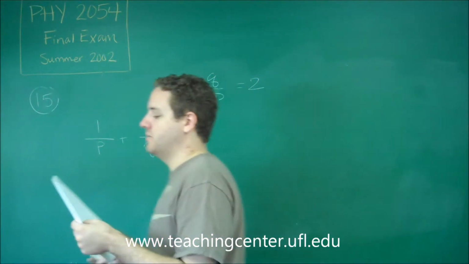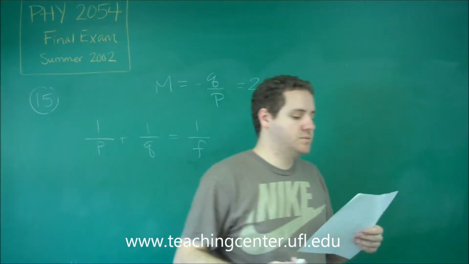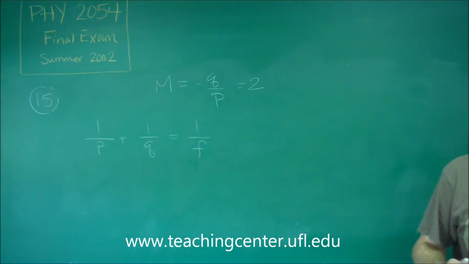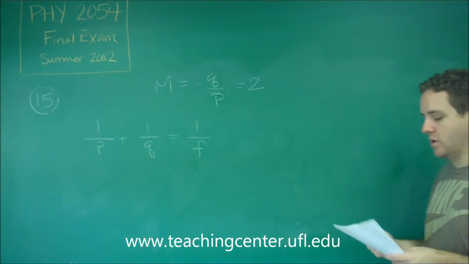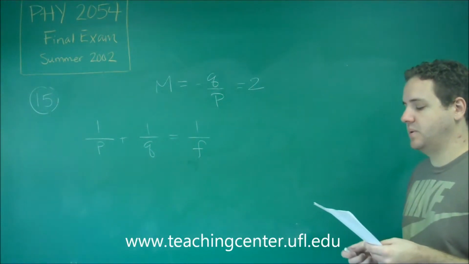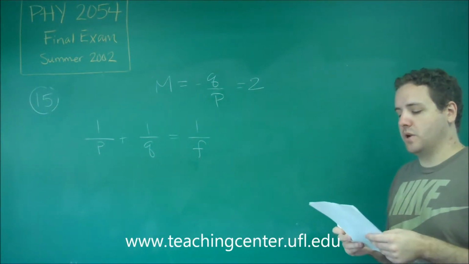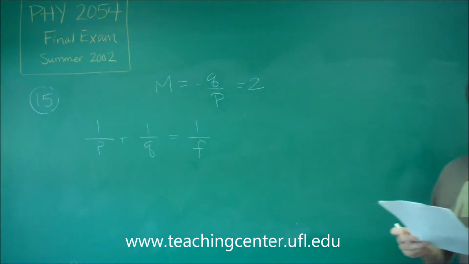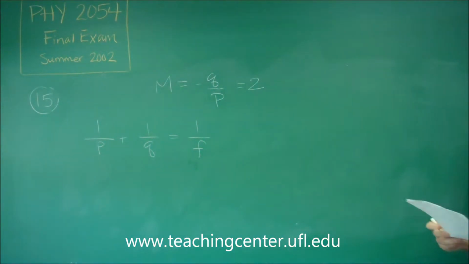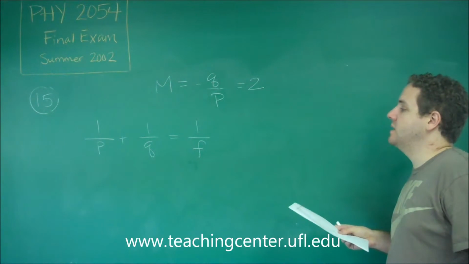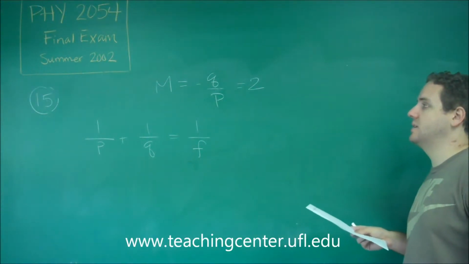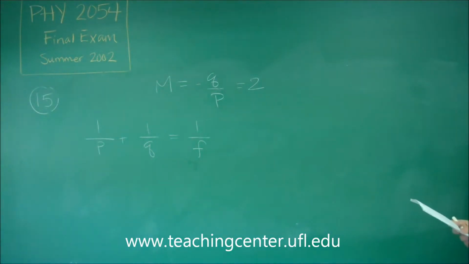Because it says a non-inverted image, twice the size of the object, when the mirror is held 1.5 centimeters from a tooth. So that's the last thing we need to make sure we have. So what we need to determine is what's negative and what's going to end up working here.